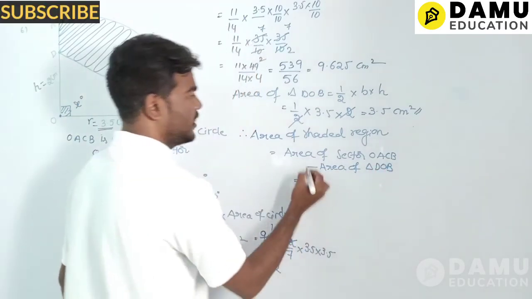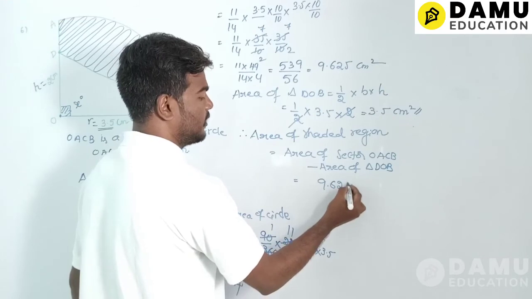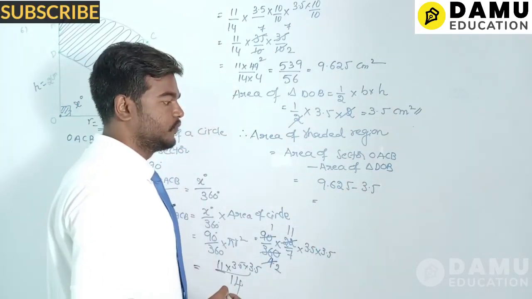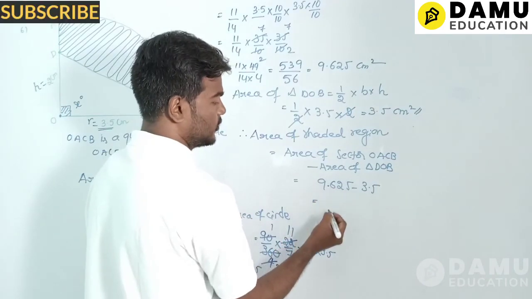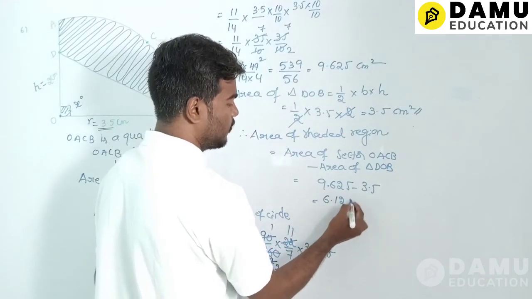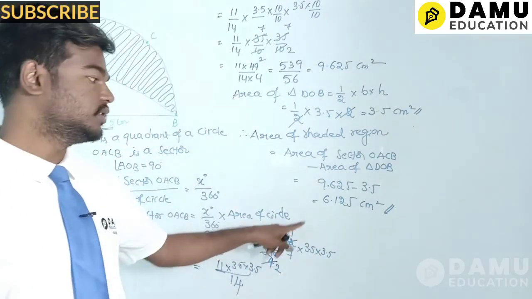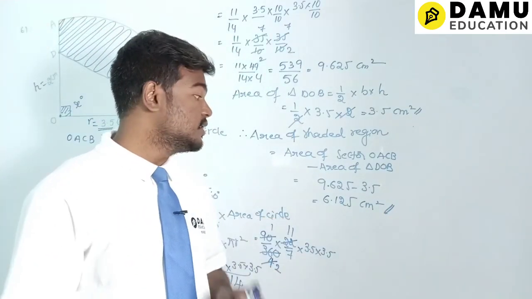So area of sector is 9.625 minus 3.5. What value are we getting here? 6.125 centimeter square. So this is the value. Final answer is 6.125. This is the way to find the calculations.